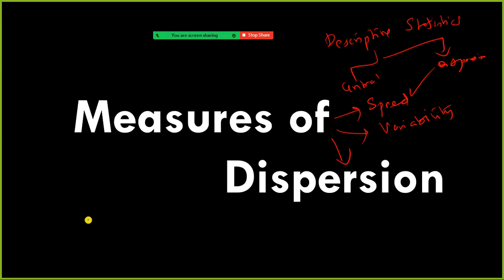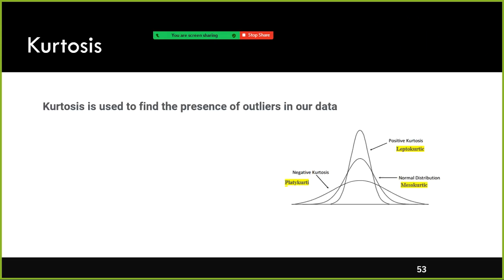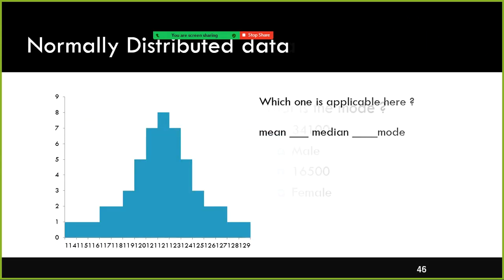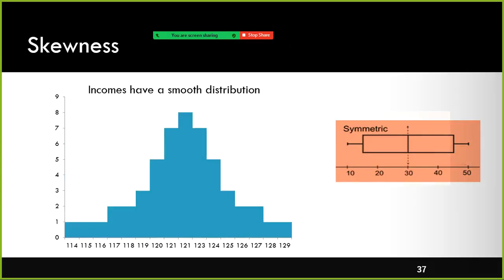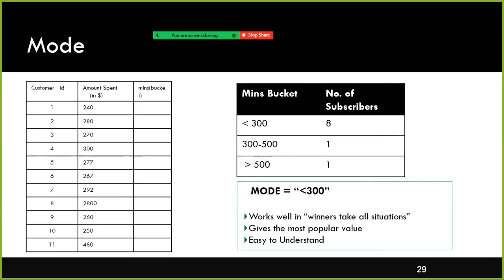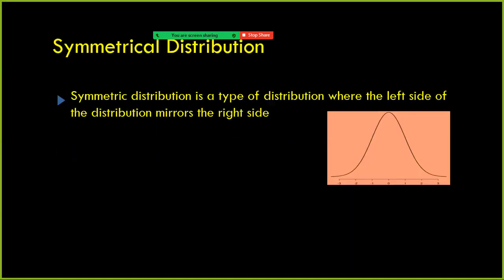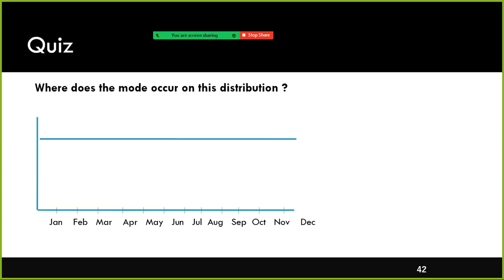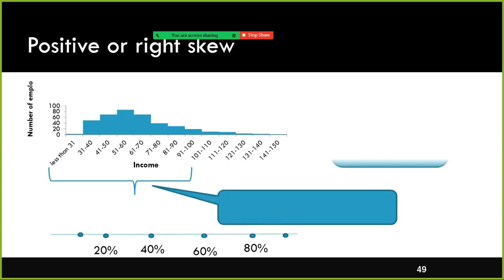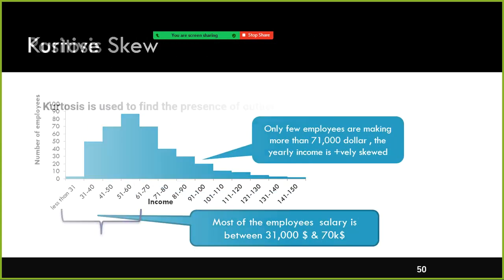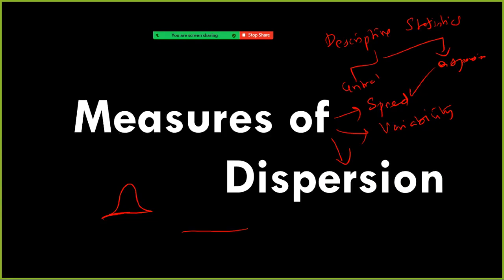Okay. For example, I have a data set like this, and I have another data set. When I plot it in a histogram, I am getting something like this.